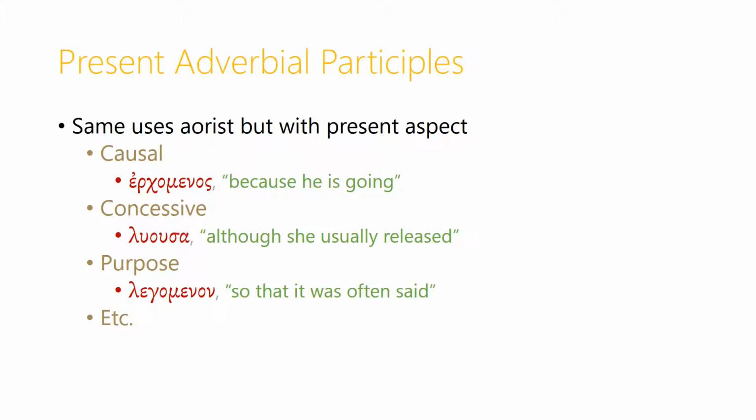Or it can be concessive, in which case luousa might be although she usually released. Or if it were a purpose participle, legomenon might be translated so that it was often said, etc. We could see similar examples with the other adverbial senses with aorist participles.